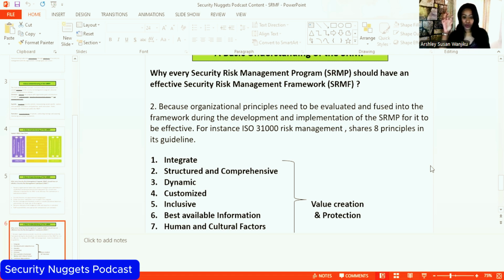And these principles are supposed to be fused into a security risk management framework. They're supposed to feature, to be present, to be seen, to exist within the program.